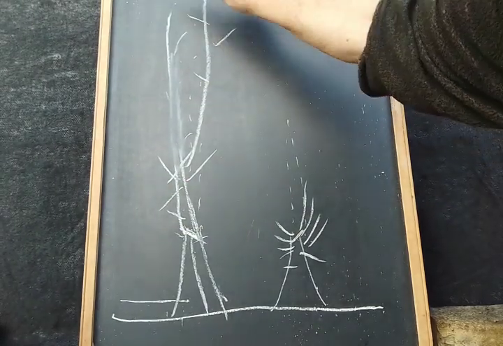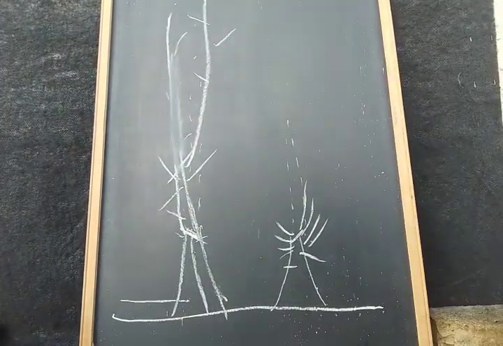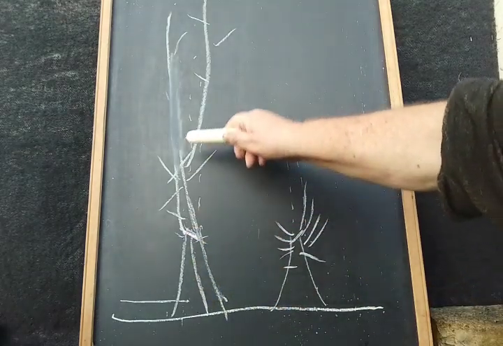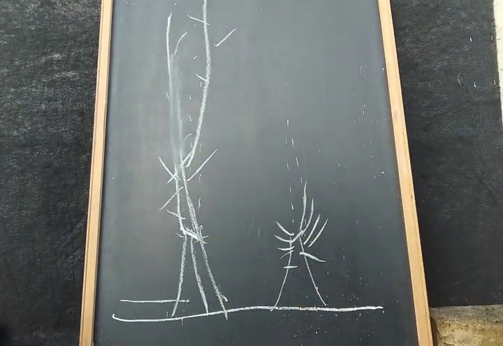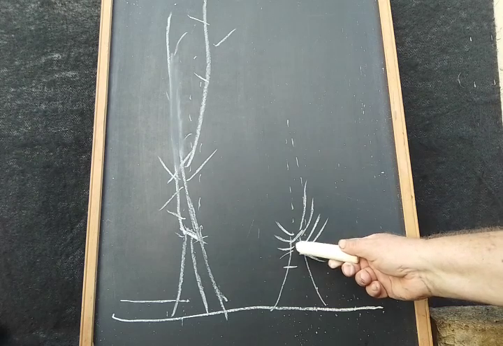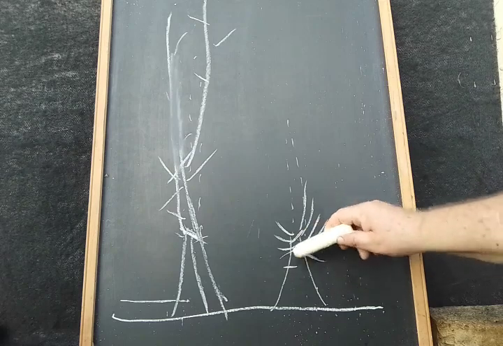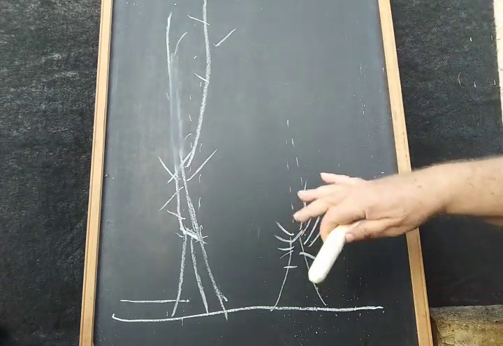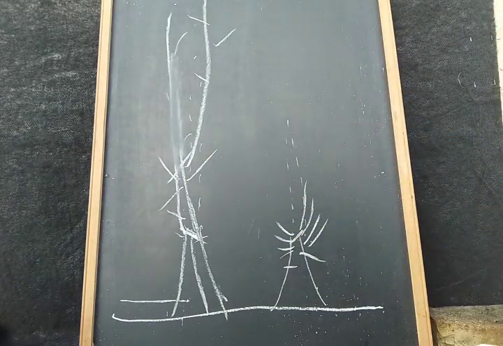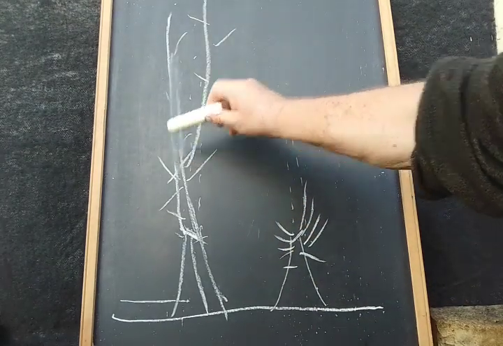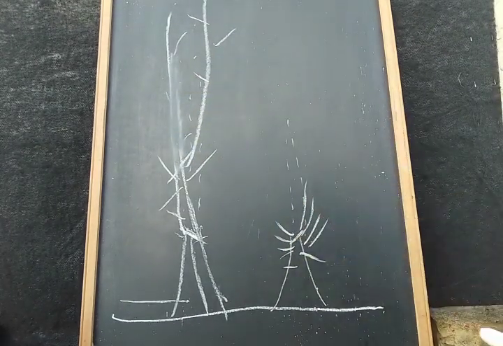That's how you create bonsai with an apical dominant tree. With a bottom dominant tree, you just don't have that growth, so you don't need to do those major cutbacks as often. So I hope that explains apical dominance versus bottom dominance.